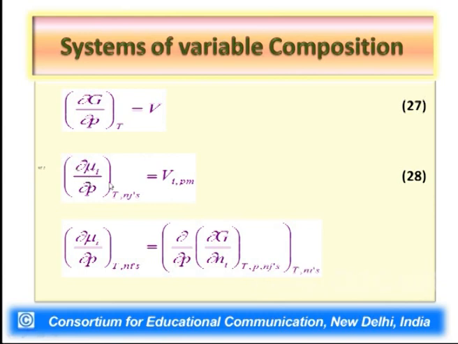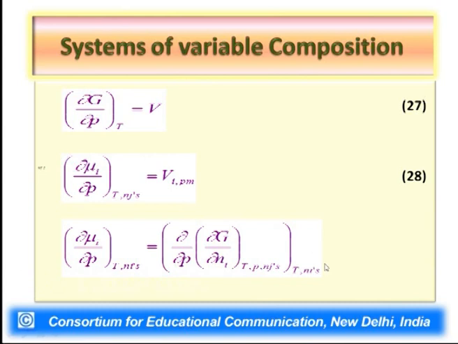So, basically we can just retain the left hand side of equation 28 which we need to derive, that is del mu I by del P at constant T and Ni's, which should be equal to VIPM. That is what we are required to derive. In order to do that, let us start with the left hand side, del mu I by del P at constant T and Ni's, which is equal to del by del P, keeping temperature and Ni constant.